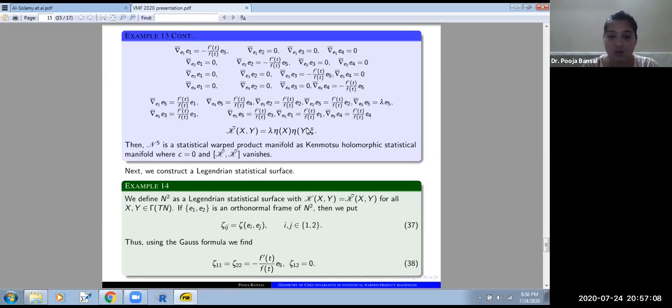Then using the Gauss formula, which I have defined in the previous slides, we find equation 38, and this structure supports my previous result, the last one, the chain inequality for statistical warped product manifold. So we have here two examples, one for the Kenmotsu holomorphic statistical structure and the second one for the Legendrian statistical surface.